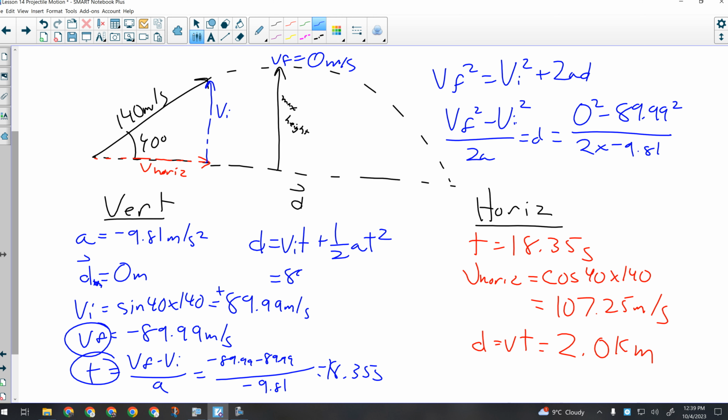So I'm going to have 89.9 times 9.175, that's half of the 18.35, plus 1/2 times negative 9.81 times 9.17 squared. Now, this is a perfectly valid way to do this. I only ever show it done this way. If I'm doing one of these questions myself, like I'm making up a key for a test, I never use this method. Why?